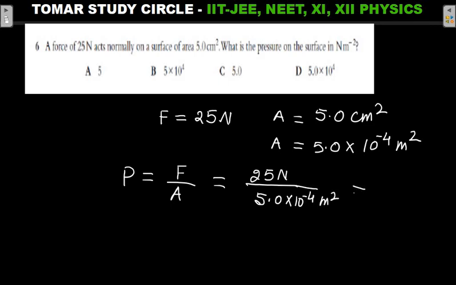So that can be written as 5.0 into 10 to the power 4 Newton per meter square using significant figures. And the correct answer will be answer D, because in this answer pressure is given with two significant figures, as area is also given in two significant figures.